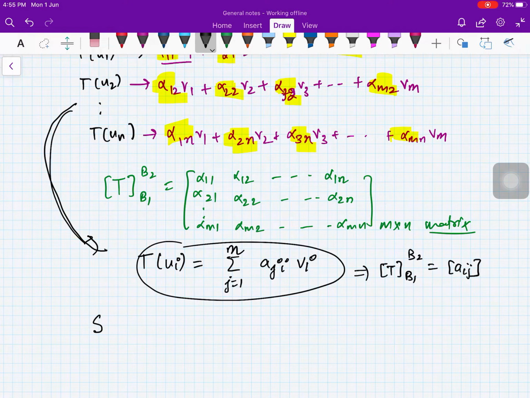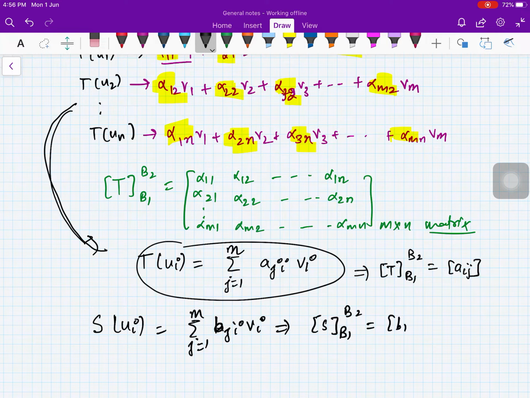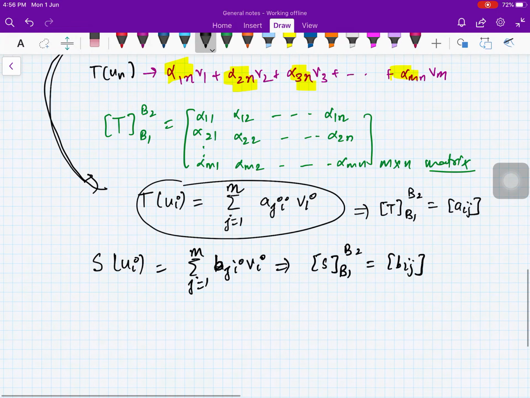Fine. And similarly, if you have S of ui as summation j from 1 to m, bji vi, then the matrix of S with respect to basis B1, B2 is bij.